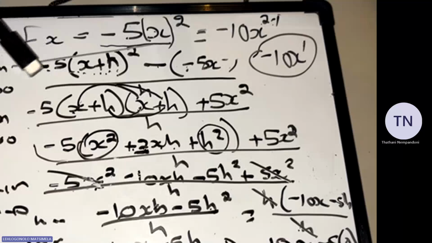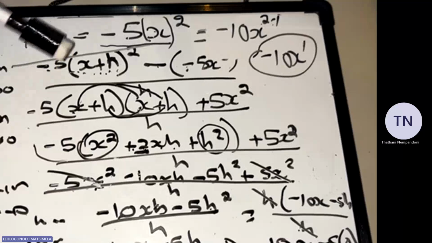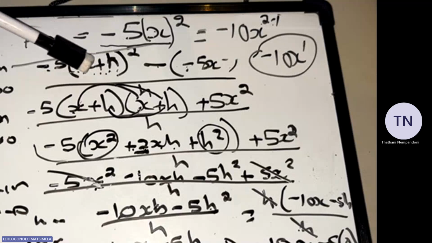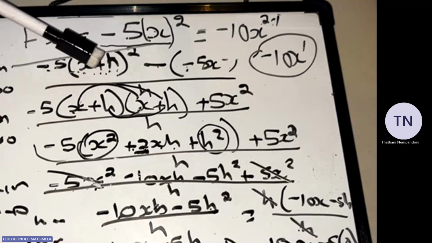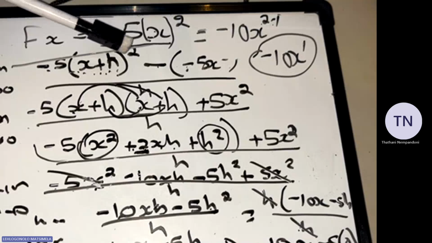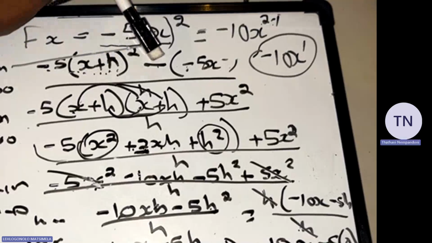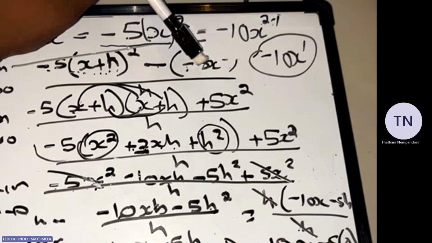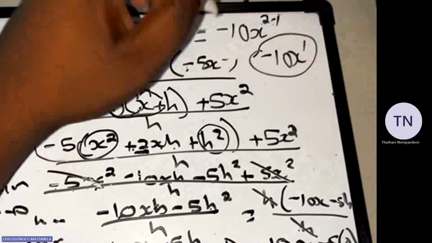So we will put 5 outside the bracket, and in the bracket, where x is supposed to be, we have to put x plus h. And then remember the x was to the power of 2. Now we will put x plus h to the power of 2. And then everything minus the whole equation of f, which is still minus 5x to the power of 2.